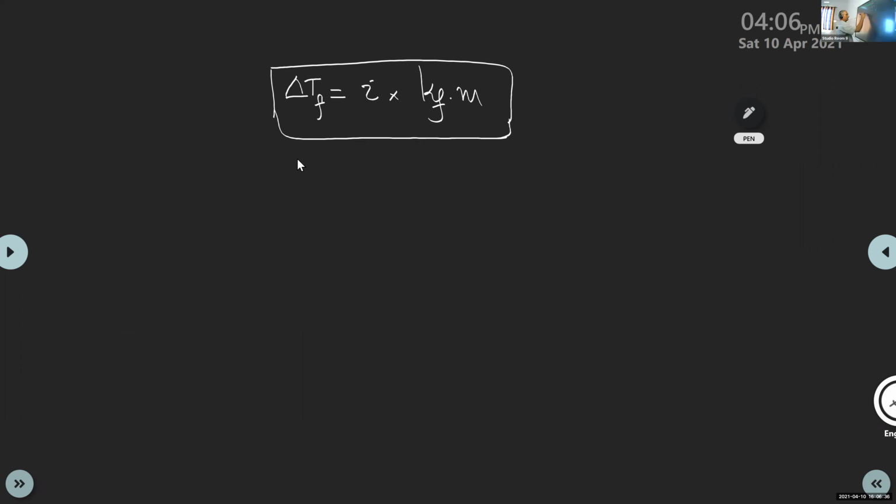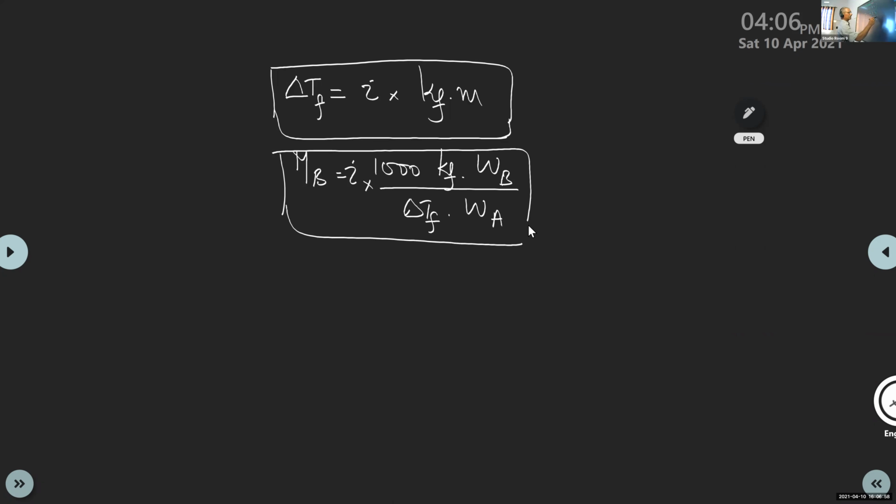Similarly, for molecular mass, MB is equal to 1000 KF into WB by delta TF into WA. That is our normal equation for molecular mass. That is multiplied by I. Then we'll get the actual molecular mass: I into 1000 KF into WB by delta TF into WA.